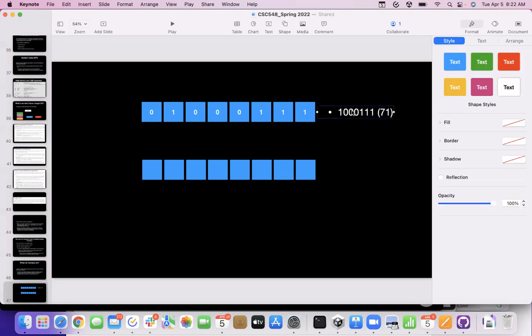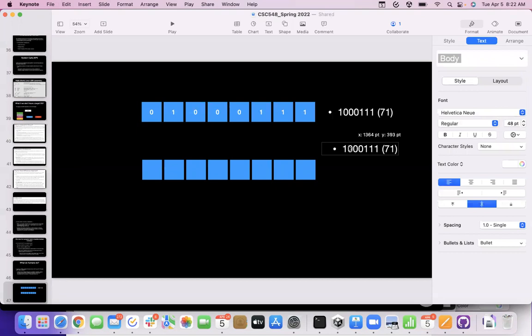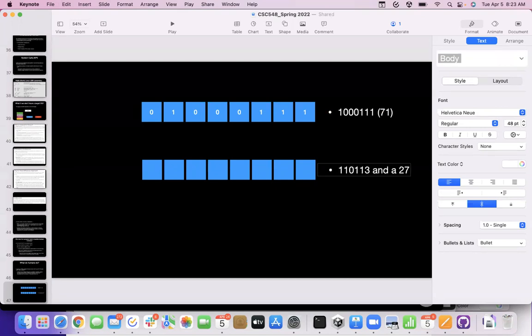Similarly, though, what if I want to store, let's say, a 13 and a 27. So 13 would be 1 in the 8's place, 1 in the 4's place, 0 in the 2's place, 1 in the 1's place.